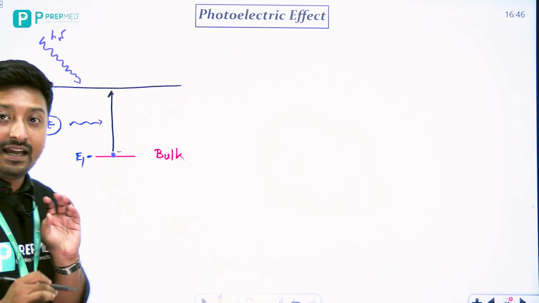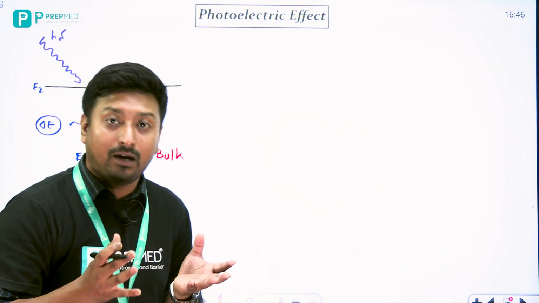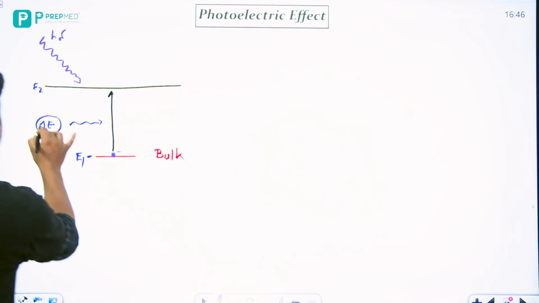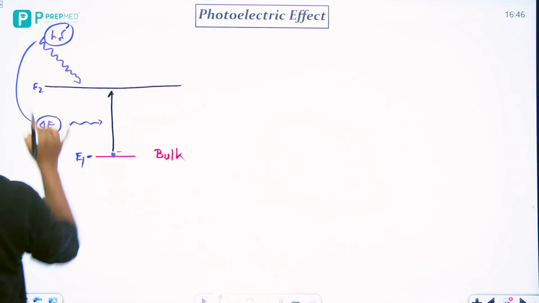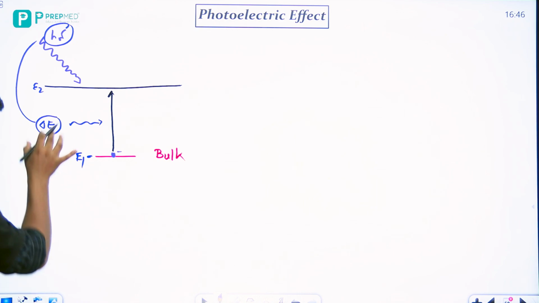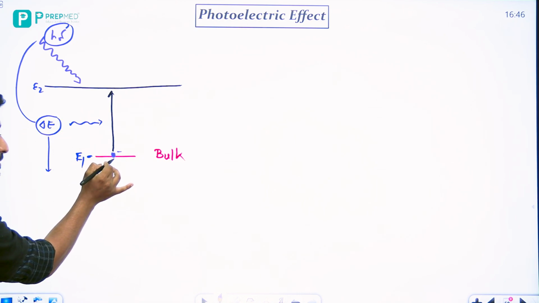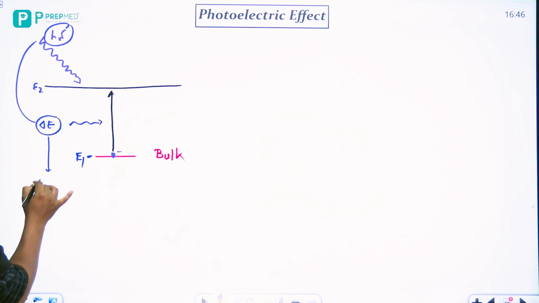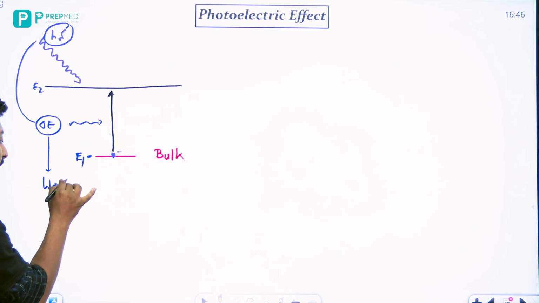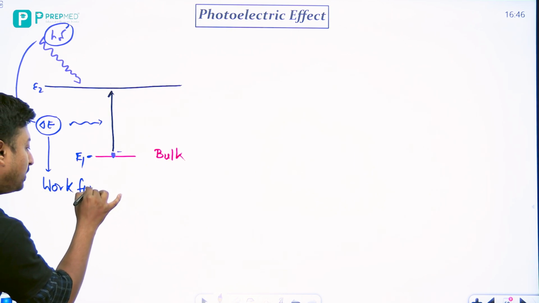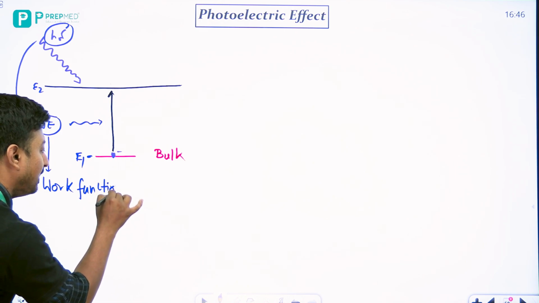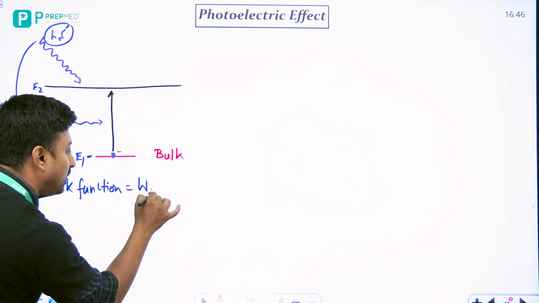From where will the metal get this delta E? It will get it from the photon, and this energy which is required for the electron to move from the bulk state to the surface state is called your work function. This is denoted by W0.